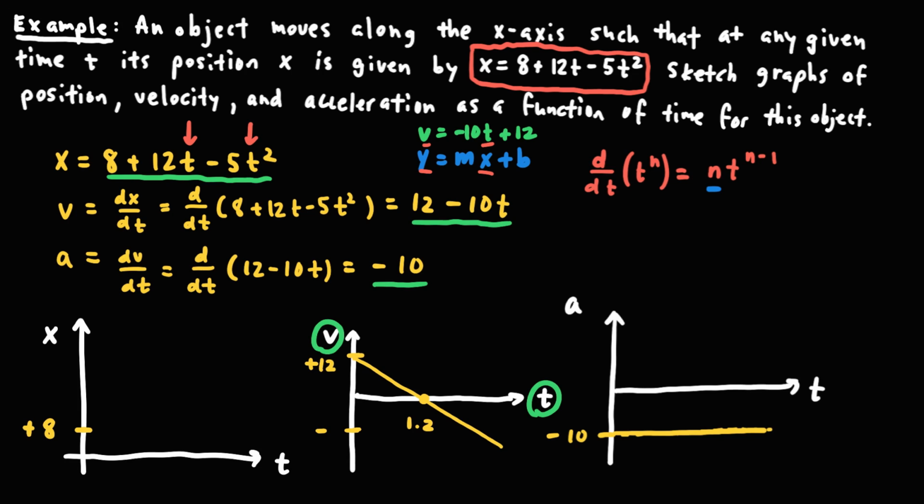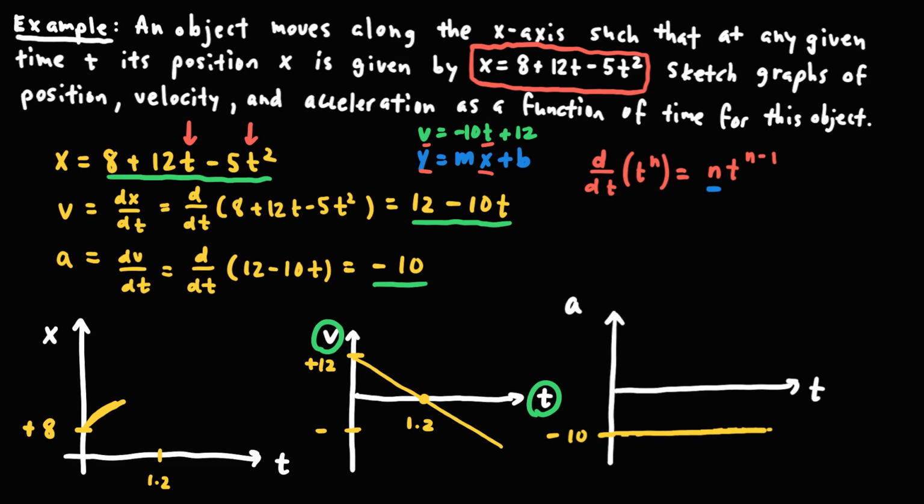From there, I know that the velocity is positive, so the object must be going in the positive direction. And I also know that the velocity is going to be decreasing until it reaches that point of 1.2 seconds. And at that point, the velocity becomes 0, which means the position isn't changing at all, and the slope of that position versus time graph should become 0.